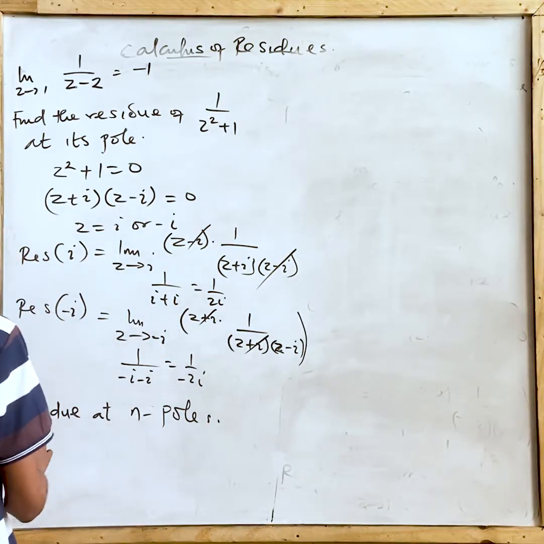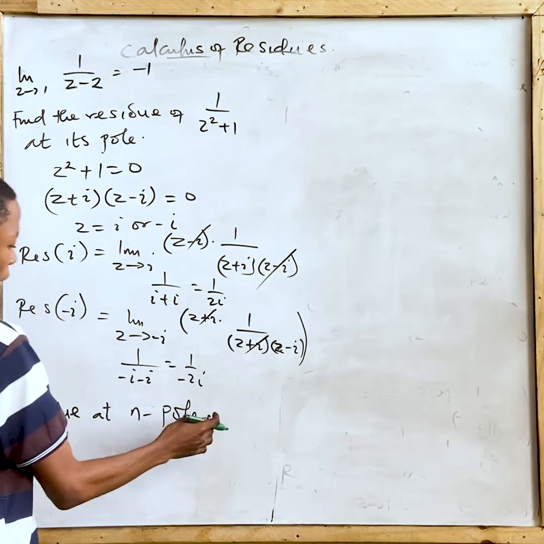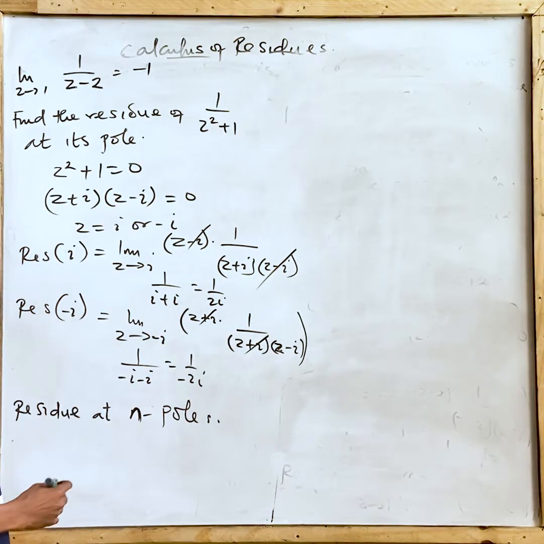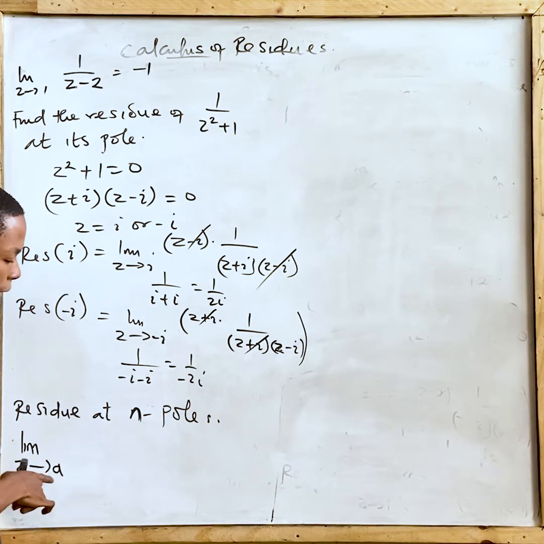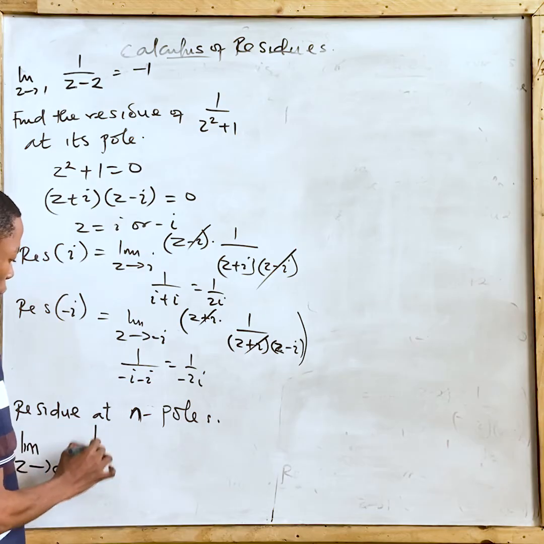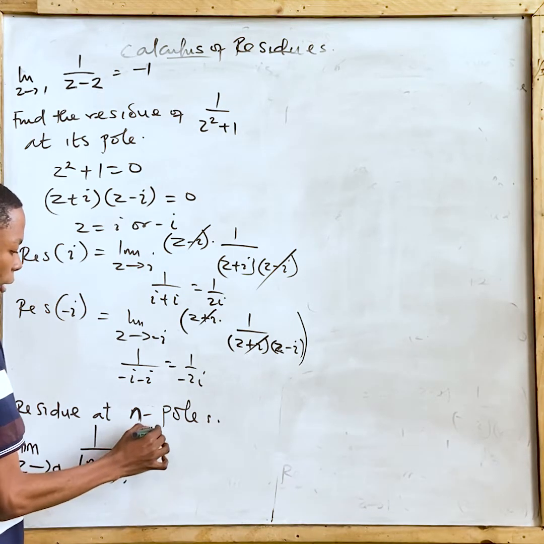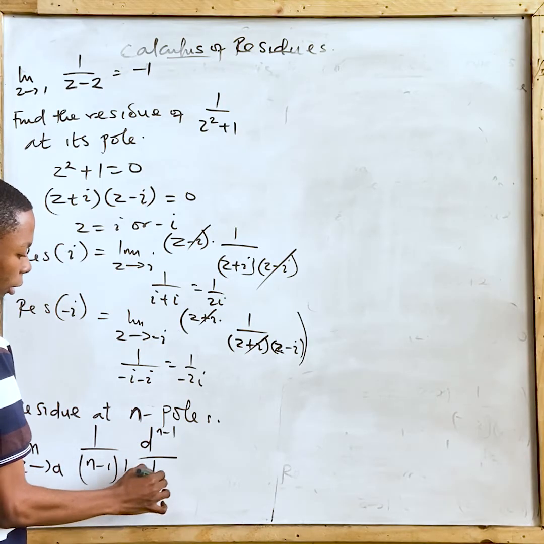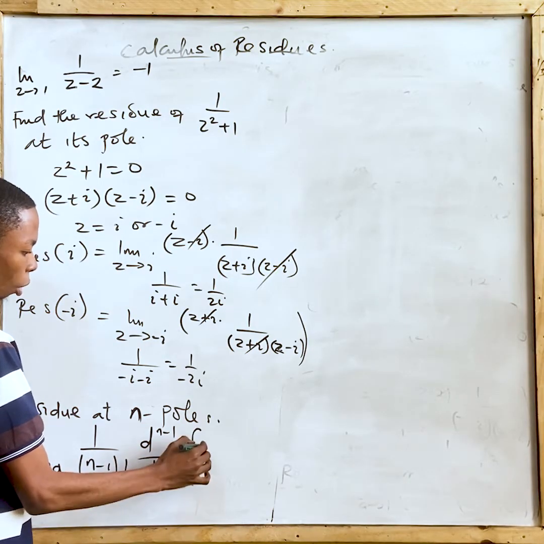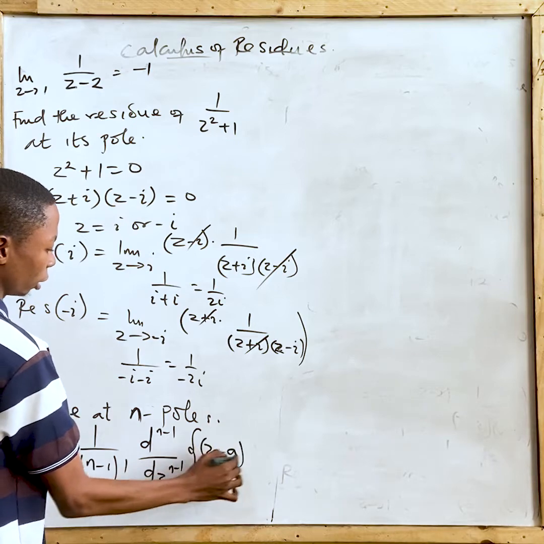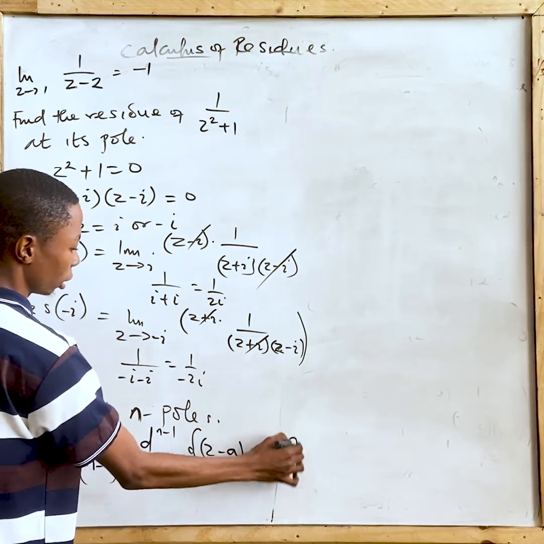So if I want to find the residue at an nth order pole, it will be the limit as z approaches a, where a is our pole, of 1 over n minus 1 factorial, d^(n-1)/dz^(n-1) of z minus a times f of z.